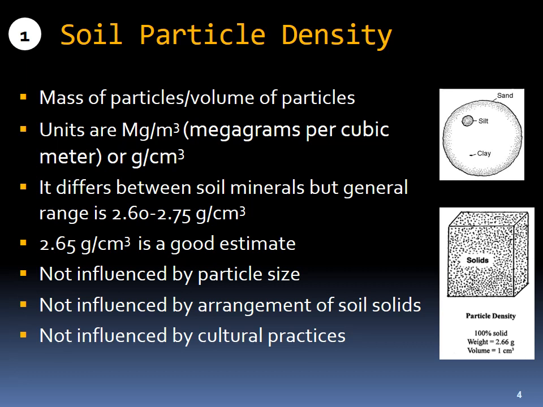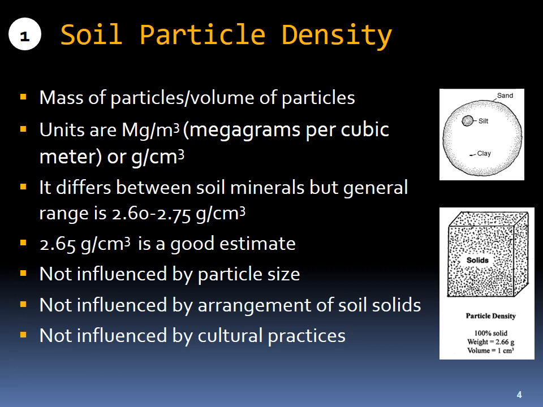Now we can see that the difference between them basically lies in the chemical properties of that particular mineral which forms the particles. So if you have a mineral that is denser and heavier, then you would end up with a higher particle density compared to a lighter type of mineral like gold.